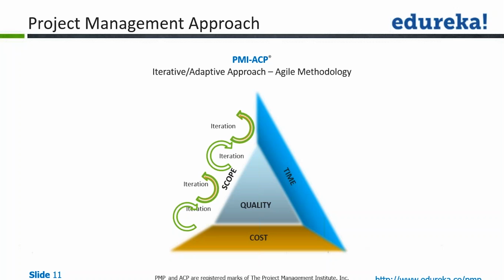So the traditional approach says the scope, time, and cost you must finalize before you start execution. When you end the planning phase, you must have planned everything on the basis of the finalized scope. But not everything can be constant.